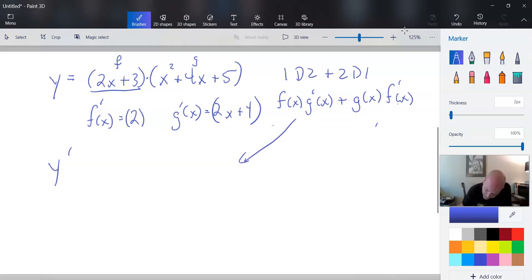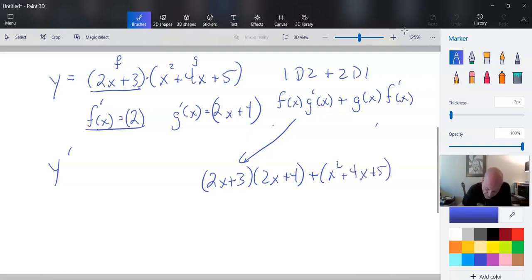So f was 2x plus 3, g prime was 2x plus 4, and then it's going to be plus g. G is that big thing, x squared plus 4x plus 5, times f prime. And f prime was 2.